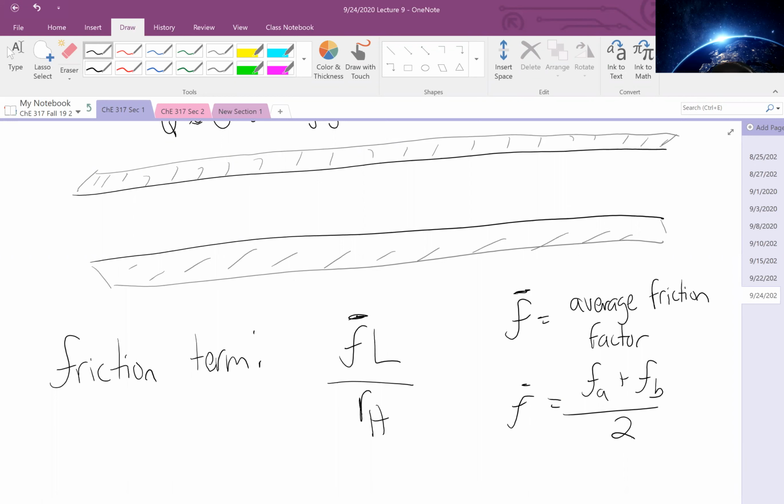Because since the velocity is going to be changing in our system, along with our density, our friction factor can change as well.